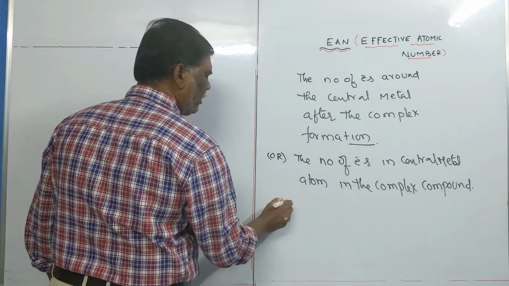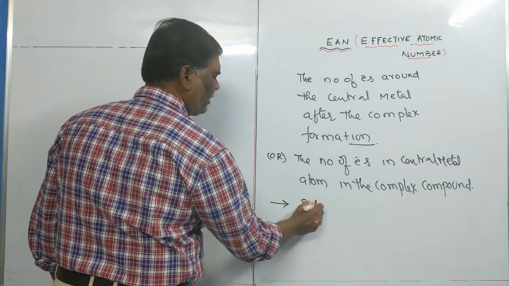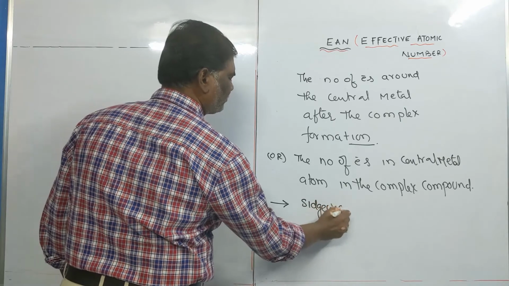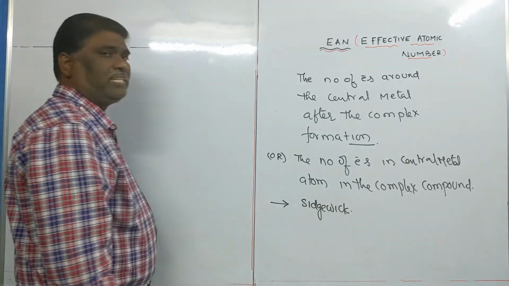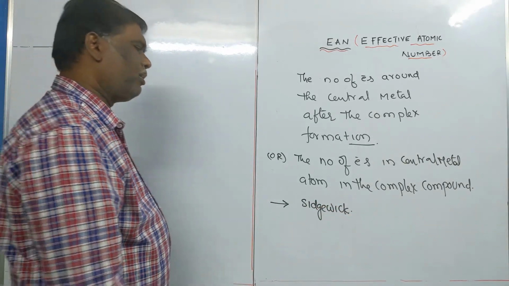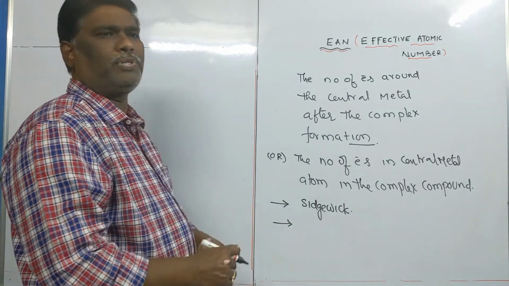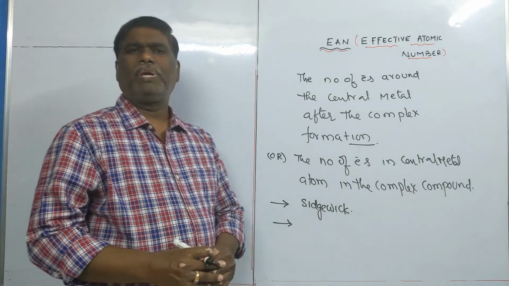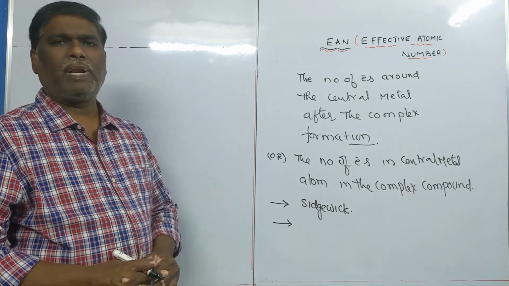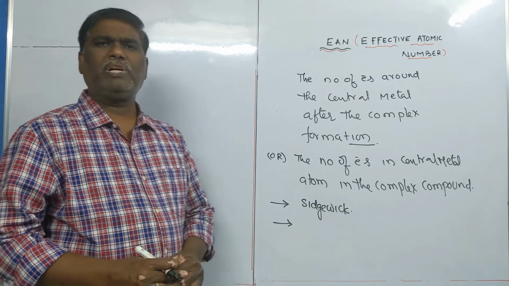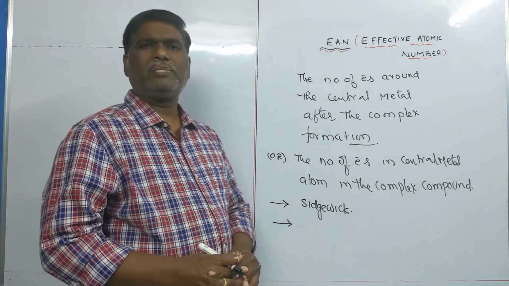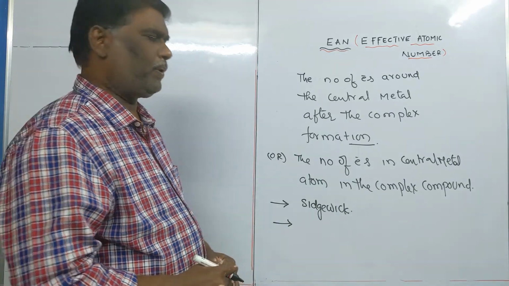Effective atomic number was proposed by the scientist Sidgwick to explain the stability of complex compounds.